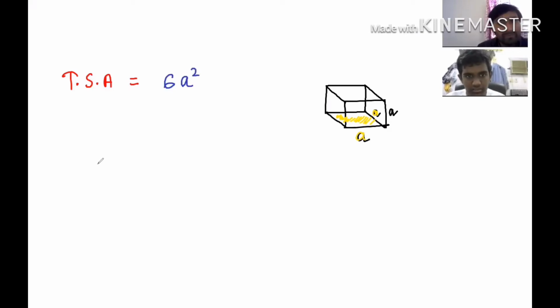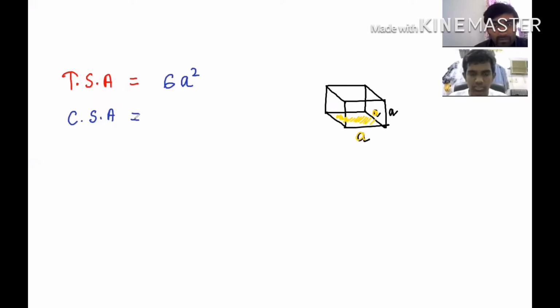Why do I say 6A square? Just count: in a room you are sitting, count how many walls there are. Four walls, so 4A square, and the top, that is 5A square, and the bottom, that is 6A square.